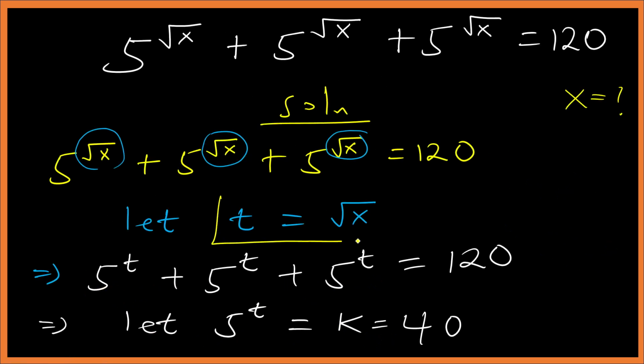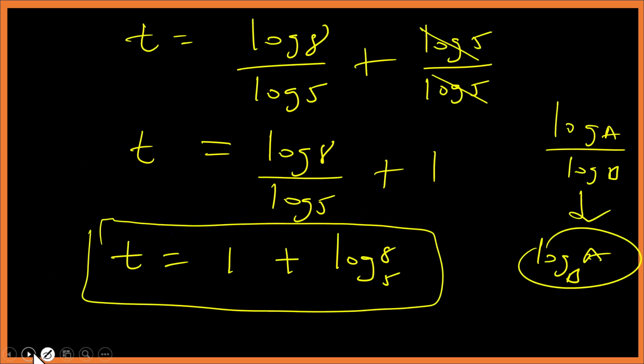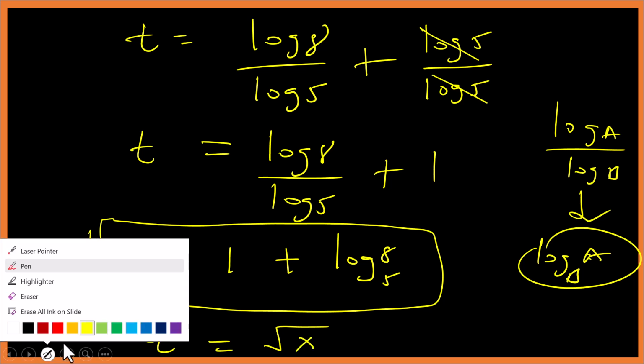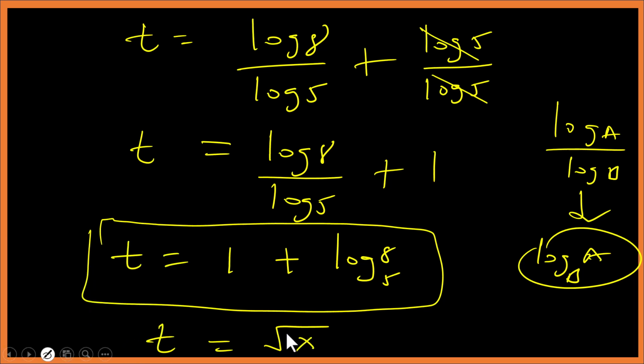We have t equals square root of x. Okay, so if I do substitution, this side will be root x equals t, which is 1 plus log 8 to base 5.